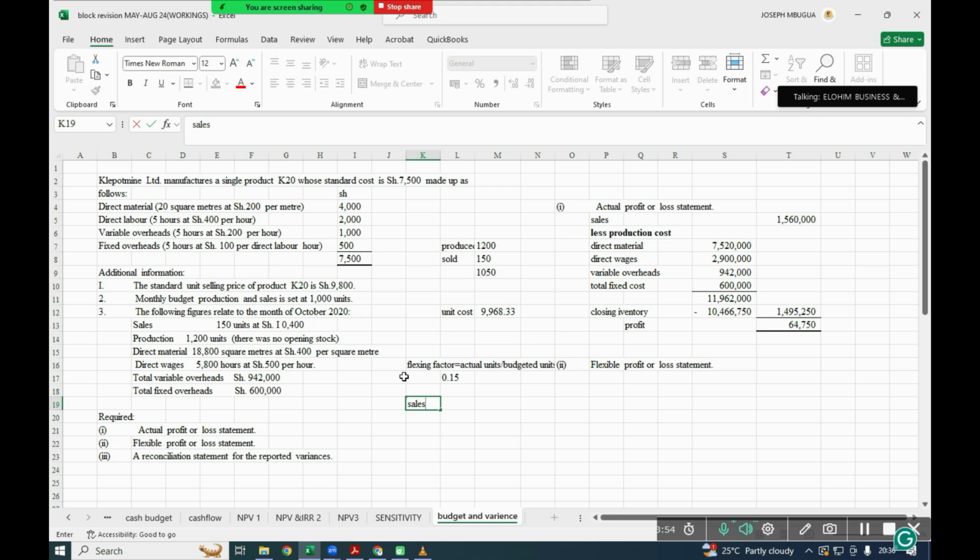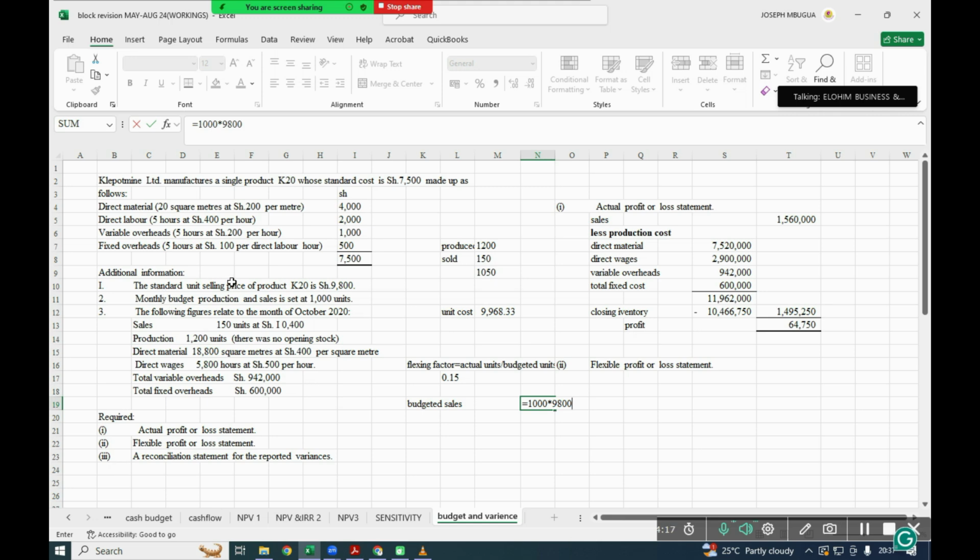And this is the reasoning. Let me just calculate the budgeted sales. We had budgeted to sell 1,000 units, and we had budgeted to sell it at 98.